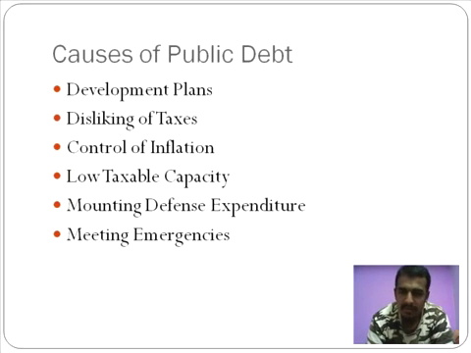Then, mounting defense expenditure. I already told you how we are facing threats from China and from Pakistan quite regularly, and we need to mount our defense in order to show them who's boss. Meeting emergencies. No one saw the Uttarakhand floods happen. No one saw the earthquake of Gujarat coming.